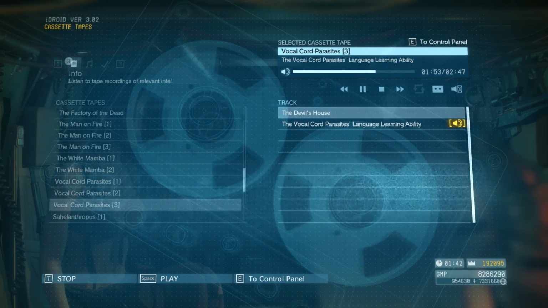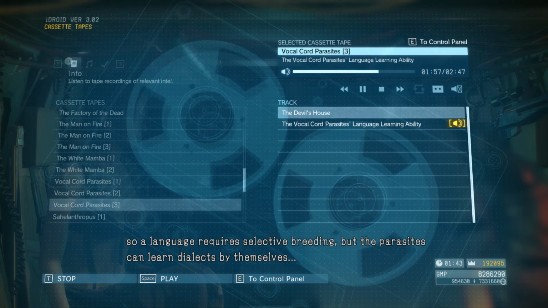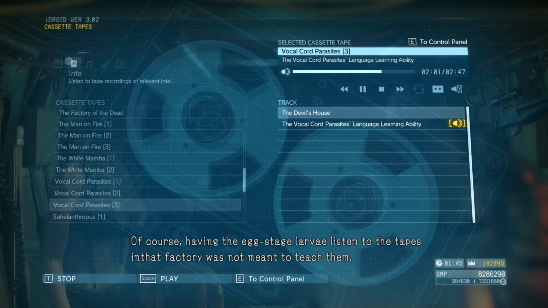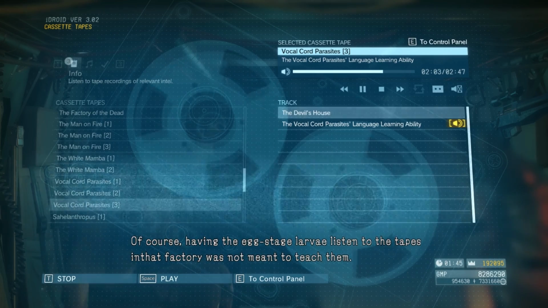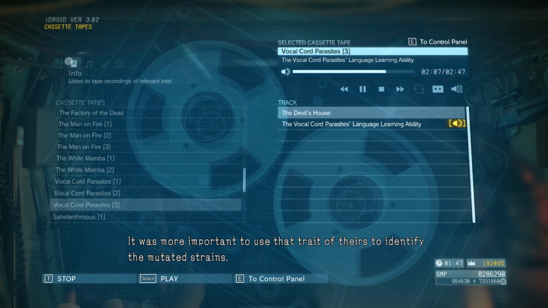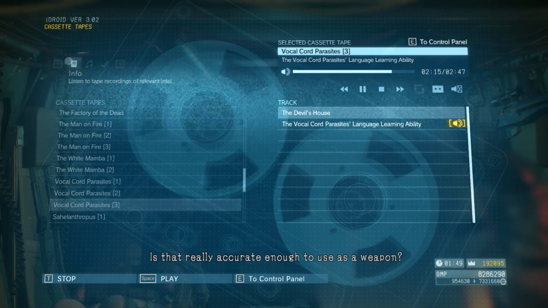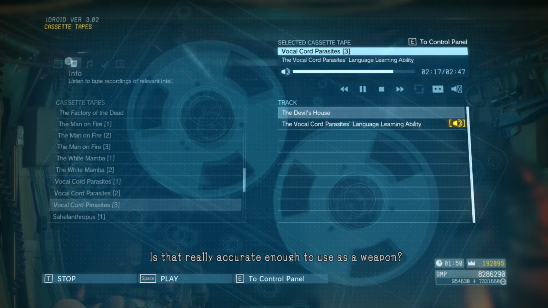I see. So a language requires selective breeding, but the parasites can learn dialects by themselves. Of course, having the egg-stage larvae listen to the tapes in the factory was not meant to teach them. It was more important to use that trait of theirs to identify the mutated strains. As I mentioned earlier. Is that really accurate enough to use as a weapon?